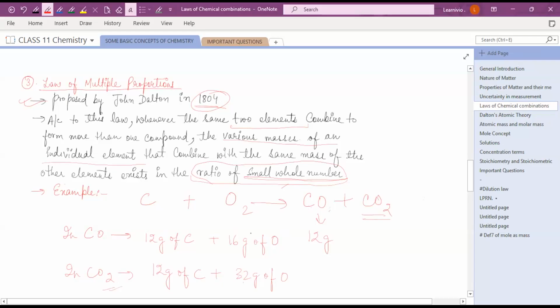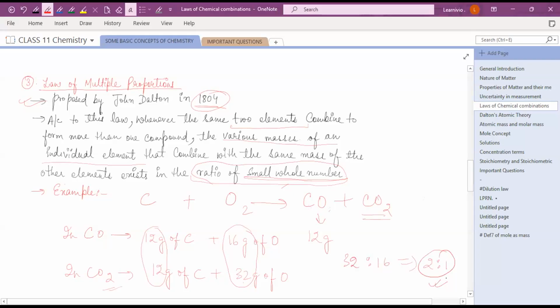If I'm taking the ratio of the mass of oxygen, it will give you 32 is to 16, which means 16 ones are 16, 16 twos are 32. So it means 2 is to 1. So it will always give the simplest whole number ratio, right?